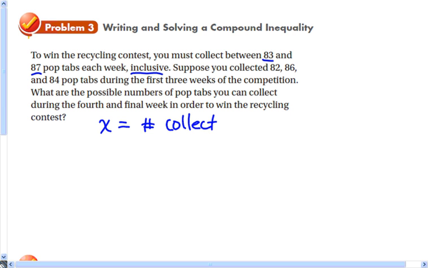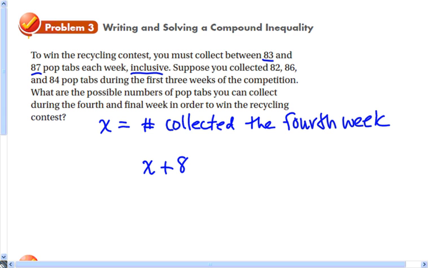the fourth week. So that means that X plus 82 plus 86 plus 84 is the total I collected.